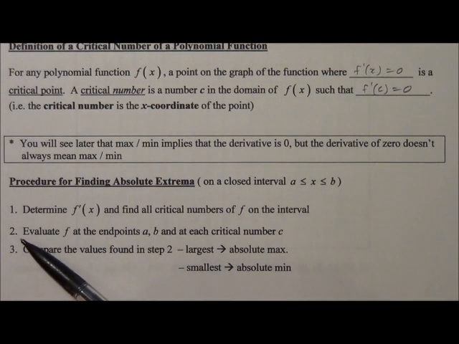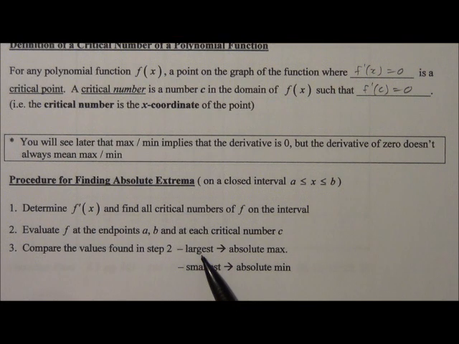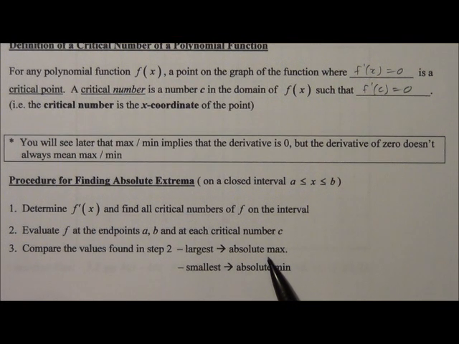So we're going to see that the largest value is the absolute maximum, and the smallest value is the absolute minimum. And all values where we have a critical number, those are all local maximum or minimum candidates.